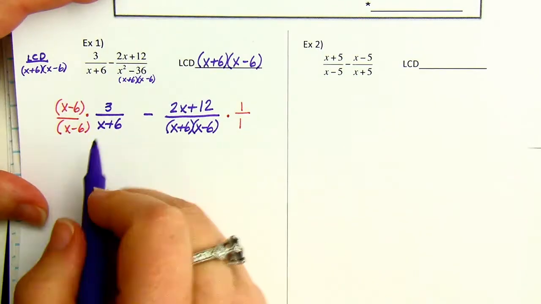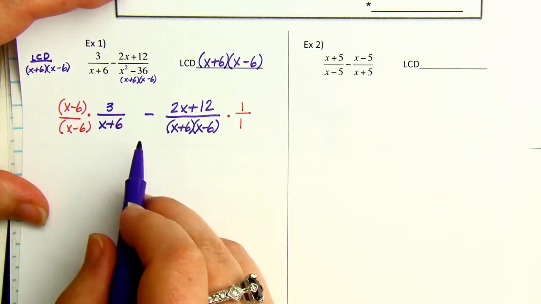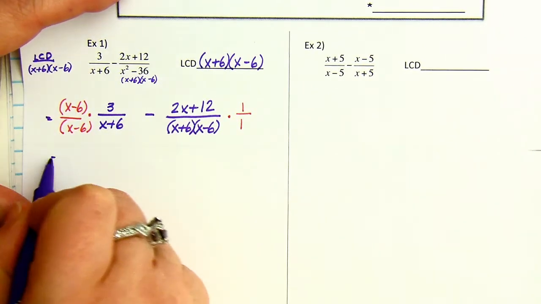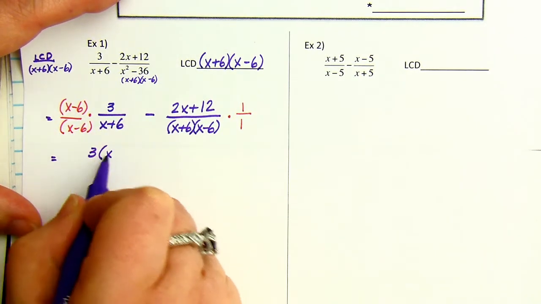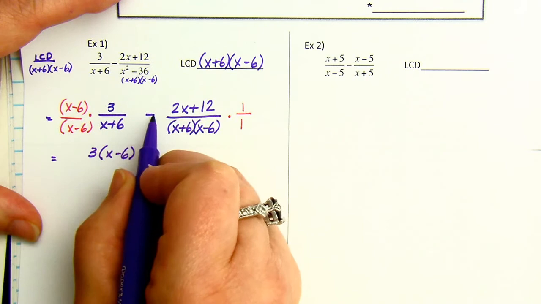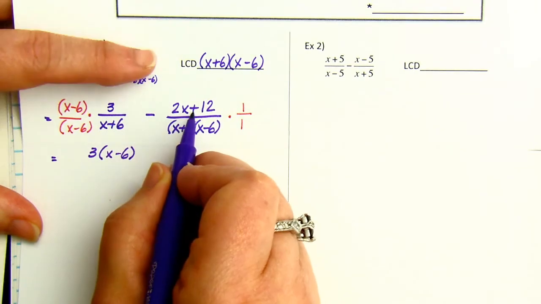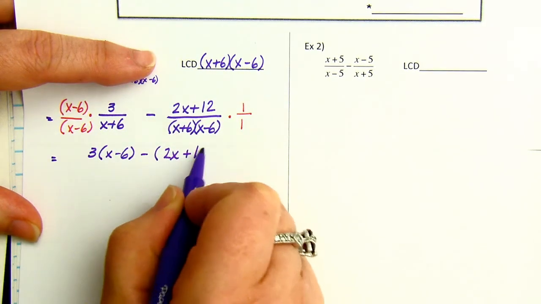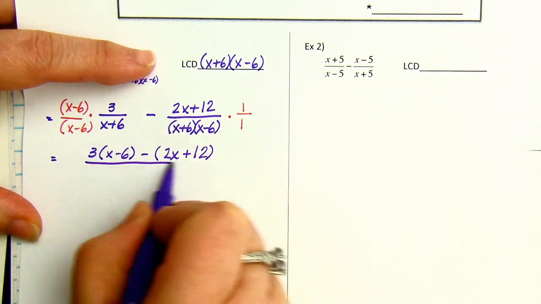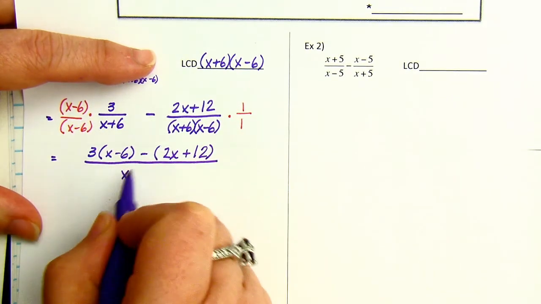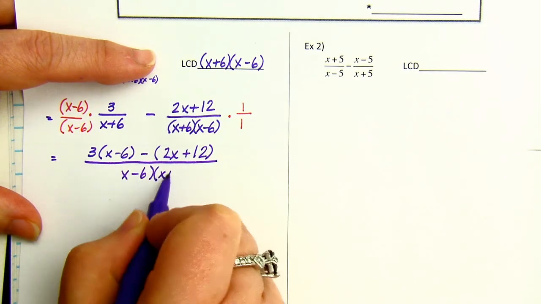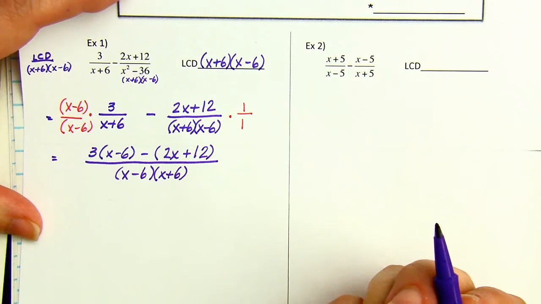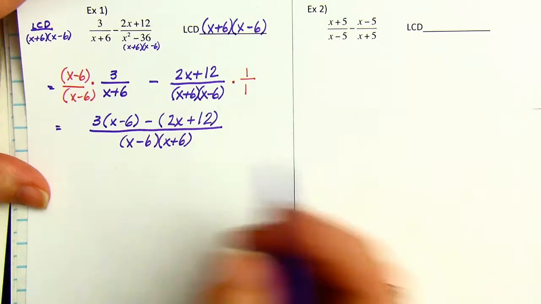All right, so what do I have here? Well, 3 times quantity x minus 6, subtract quantity 2x plus 12. You have to group it. All over now the one common denominator, x minus 6 times x plus 6. Remove grouping symbols.